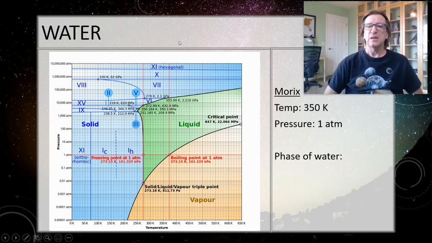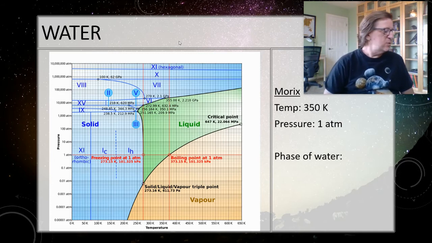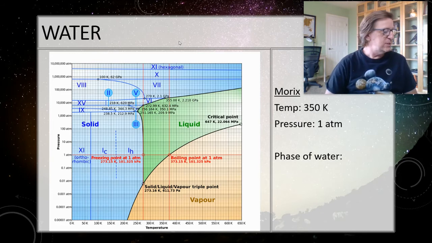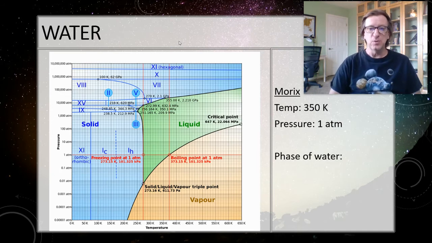All right, so let's do some samples here. So the Morex is listed in the chart here. It says that your temperature is 350 degrees and your atmospheric pressure is 1 atmosphere. Pause the video. What is the phase of water, solid, liquid, or vapor, on the surface of Morex? Pause the video. Figure that out now.